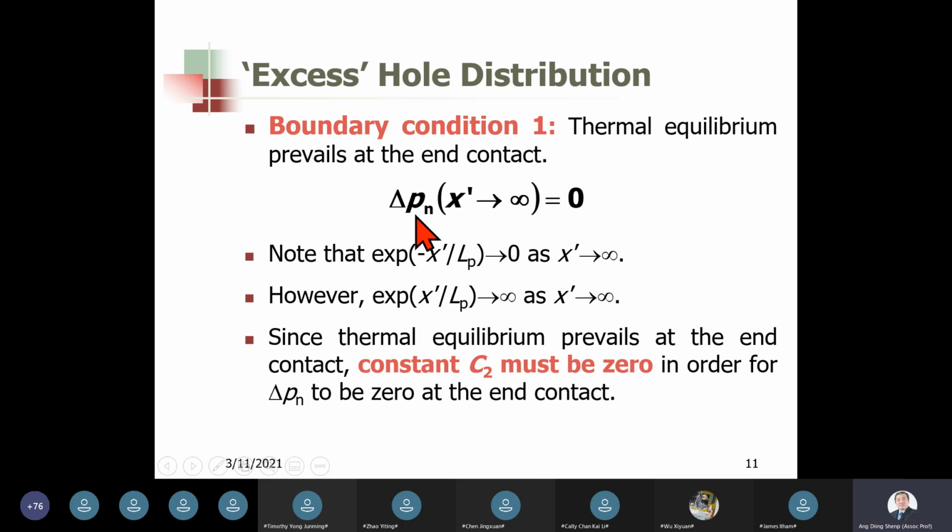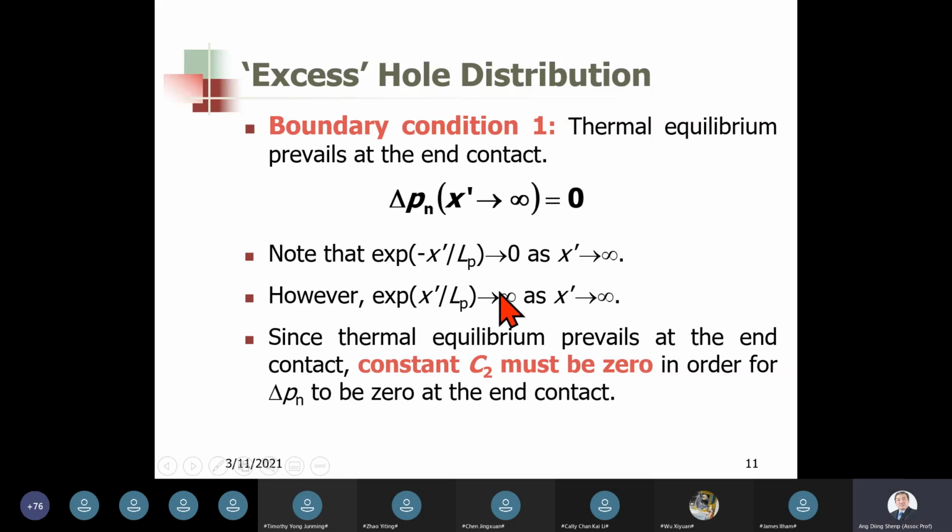In other words, all the excess holes have recombined at the contact. Okay. Now, if we apply this boundary condition, noting that as x prime tends to infinity, the exponential of minus x prime term will tend to 0, whereas the exponential of x prime term will tend to infinity.